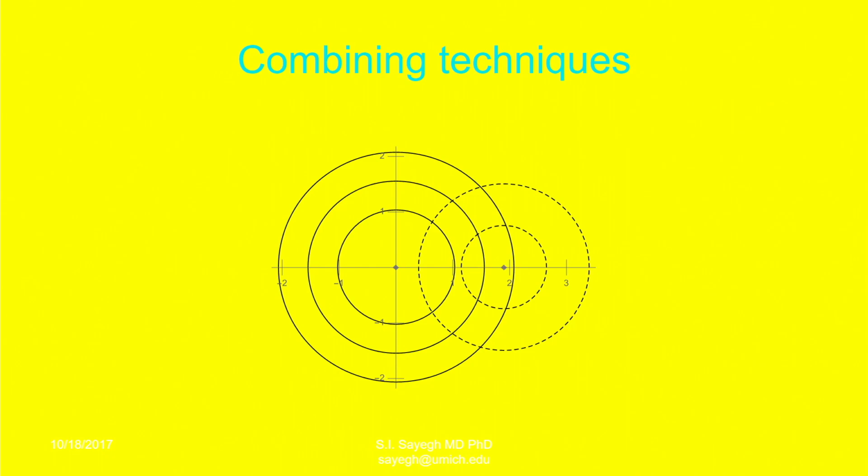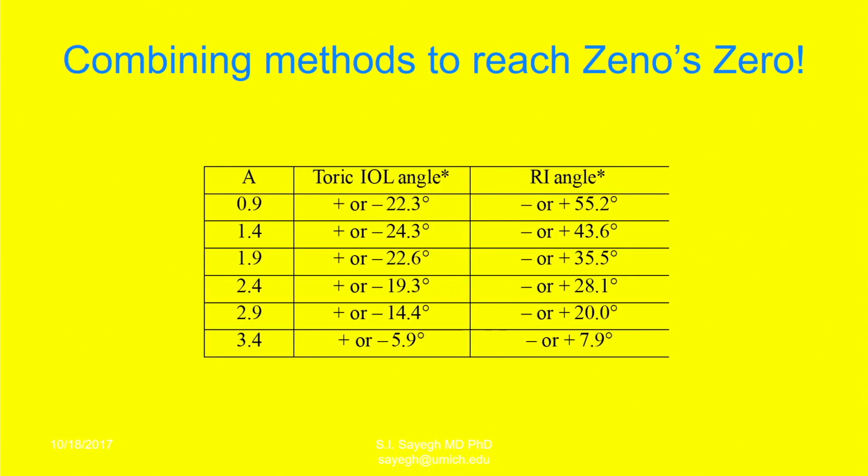And the intersections are points where if you combine them, then you can get perfection, 0 astigmatism. So nobody is doing this right now, but here's the example for the 1.9 patients. So if you put your toric lens in this direction and you put your incision in this direction, then you will get 0 astigmatism correction.